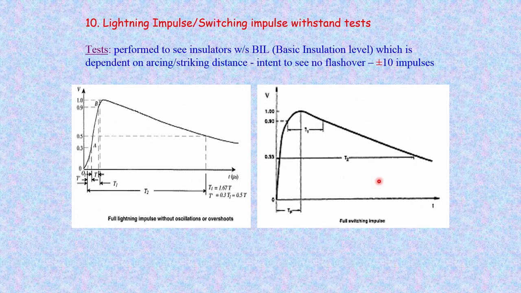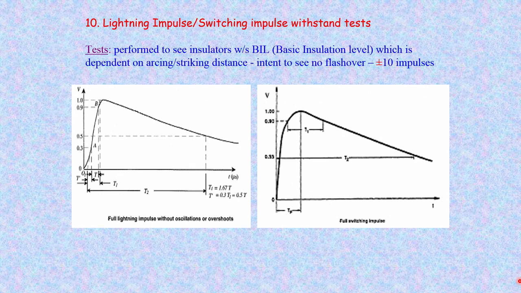Earlier we have discussed lightning surges and switching surges, so I will not go deep into them. This is one of the mandatory tests which have to be carried out for EHV and UHV transmission components, insulator strings, line hardware, transformers and other equipment, switchgear equipment.